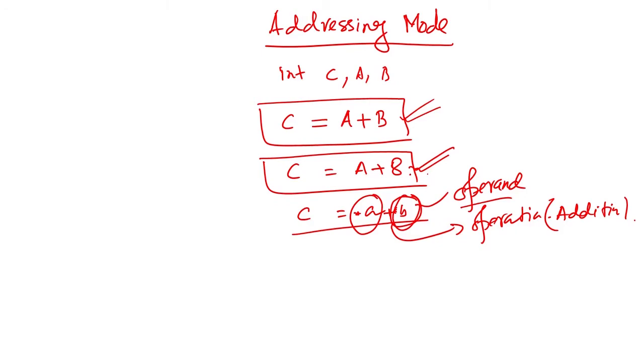So there are different ways by which the value of the operand can be specified in an instruction. The ways of providing the value of the operands are called the addressing modes. Now we will talk about the addressing modes.